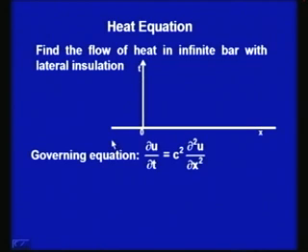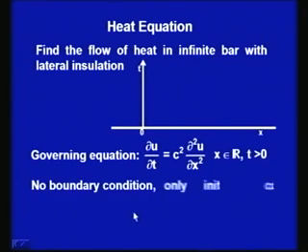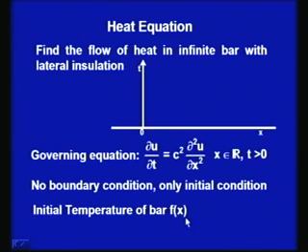Here, because x is ranging from minus infinity to plus infinity, we do not have any boundary conditions, but we do have one initial condition, that initially the temperature of the bar is f(x), that is, u(x, 0) is f(x).